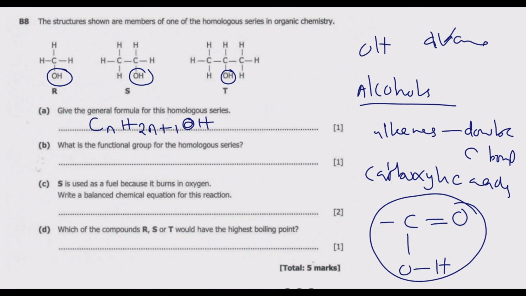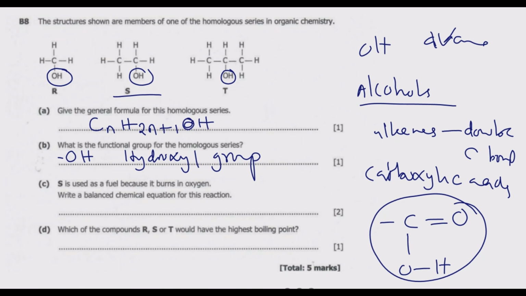Then B, what is the functional group for the homologous series? The functional group is what we've already talked about, the hydroxyl group. Question C. S is used as a fuel because it burns in oxygen.